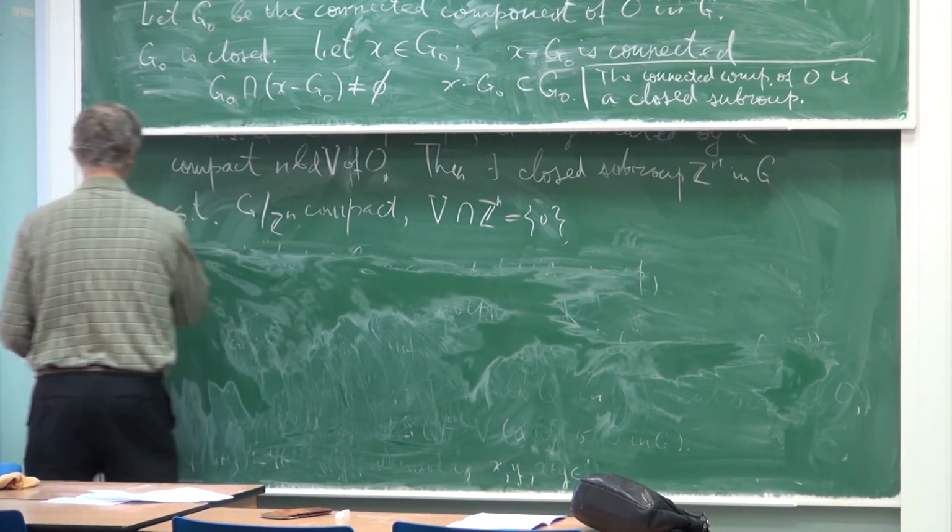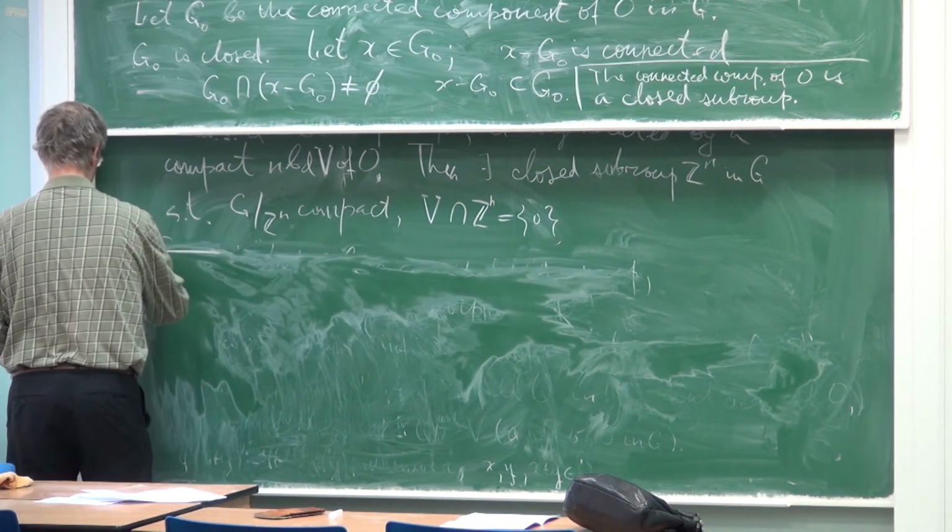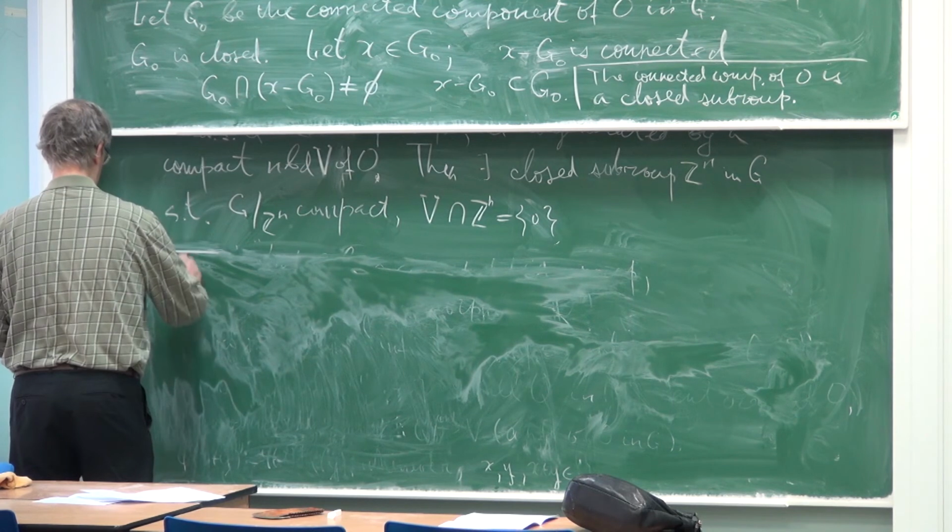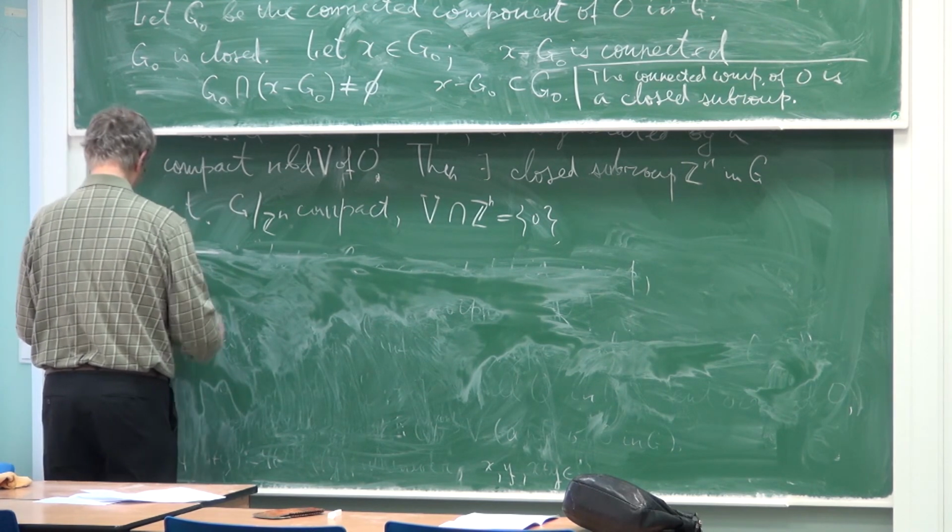Now consider the dual group of this G1. Let gamma be G1 hat, the dual group.